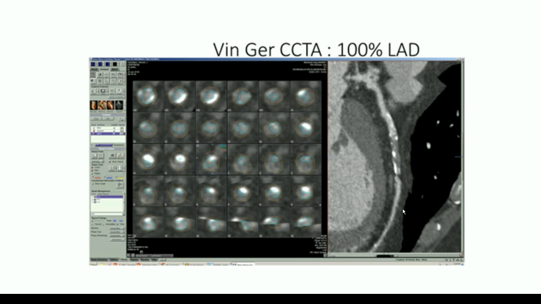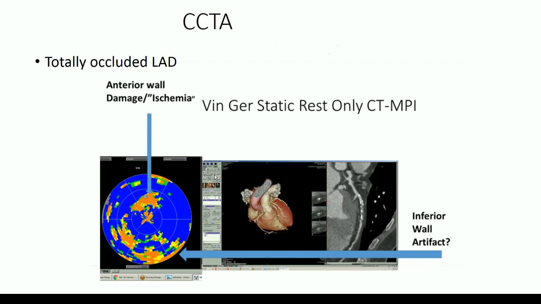So this is a totally occluded vessel, 100% LAD, rather than the 50% LAD that was cited by the Largo Medical Center radiologists.